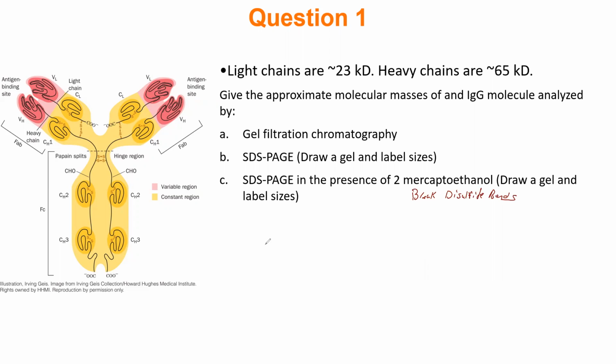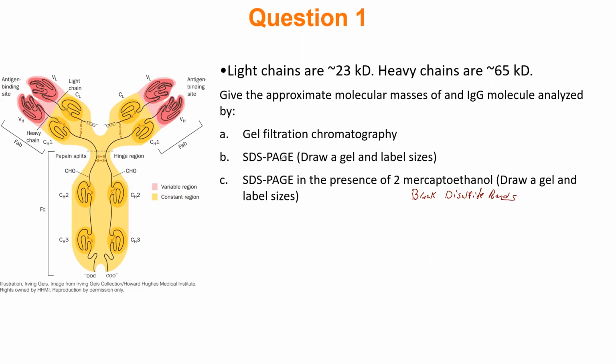This is a review from topics we covered in test 1, where we looked at these experimental techniques. So refresh yourself on those techniques and see if you can come up with the answers to these questions. What size would I expect my antibody to be through gel filtration?